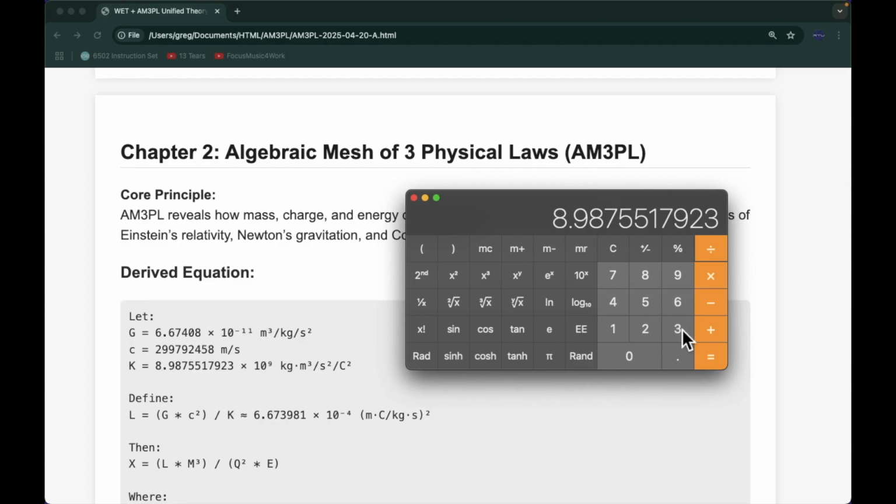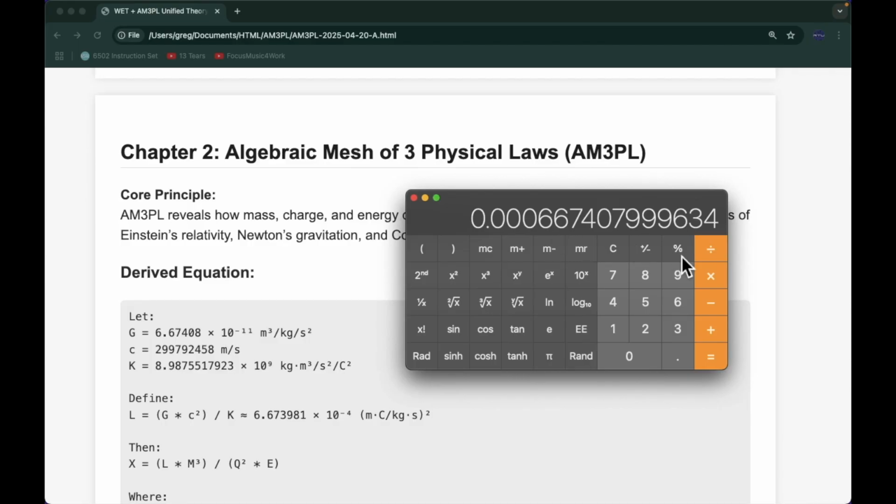8.97, exponent. What is that, 9? I think so. Equals. Isn't that a reasonable number? None of those get even close to as agreeable as that number. It's just four decimal digits away: 1, 2, 3, 4.